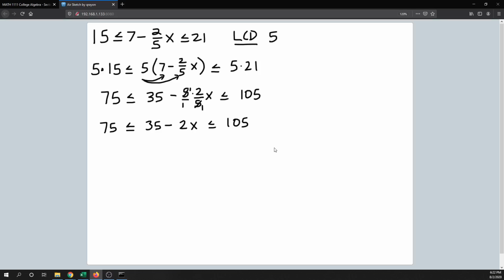Okay, so the next thing is to use the addition principle with the goal, right? The goal is to get all the terms with an x in the middle, and then everything without an x over on the left or right hand side. And so the simplest way to do that is to subtract 35 from each side.